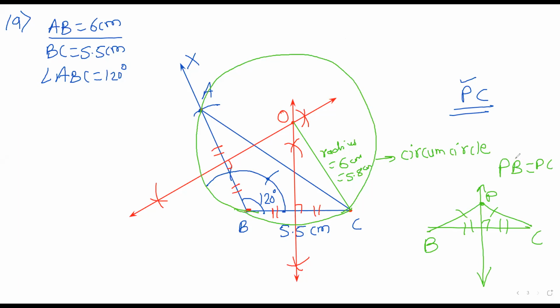Do you understand? We have already drawn the perpendicular bisector of BC to construct the circle, which is the best thing we can do. Just extend it, and wherever it intersects the circle which we have drawn, that is point D.